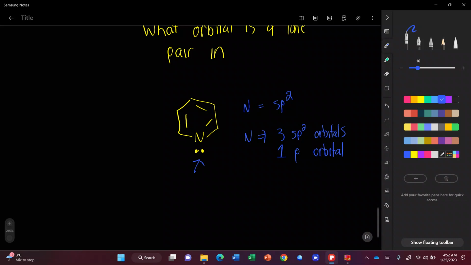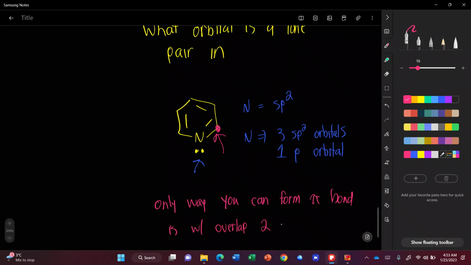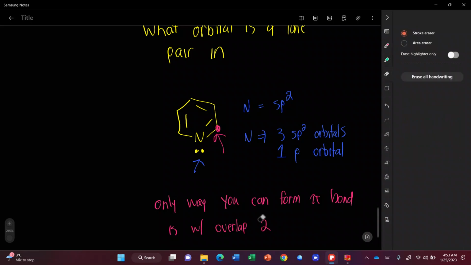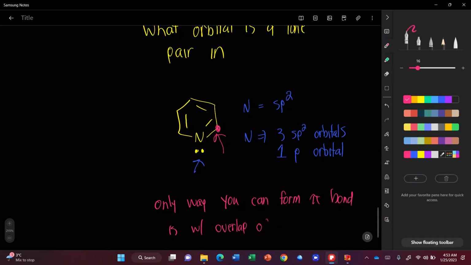And you might ask yourself, well, how do I know which one it is? Well, if you look carefully, you'll notice that nitrogen has a double bond. Nitrogen has a pi bond between it and this carbon right here. And the only way that you can form a pi bond is with the overlap of two p orbitals.